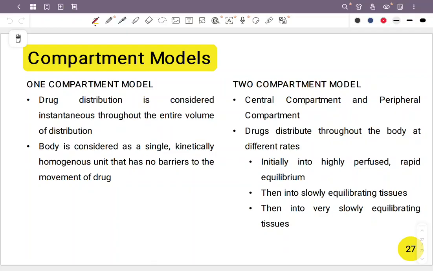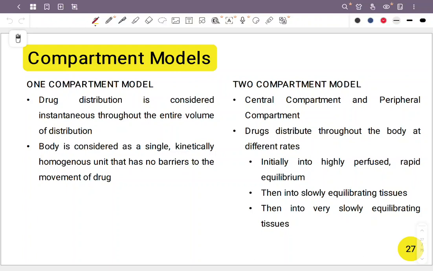In one compartment model, the drug distribution is considered instantaneous throughout the entire volume of distribution, and the body is considered as a single, kinetically homogeneous unit that has no barriers to the movement of a drug. Then, in two compartment model, there is a central compartment and peripheral compartment. Then again, our central compartment is the blood. Then sa peripheral compartment naman, that is our tissue.